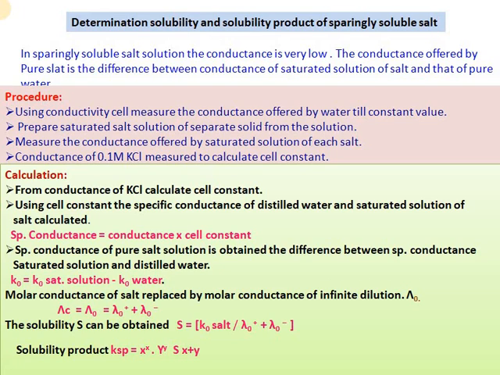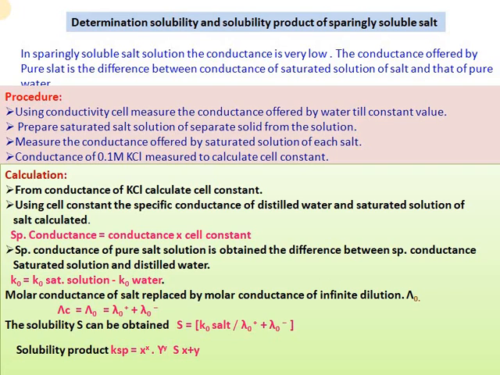Second, prepare the saturated salt solution, separating the solid from the solution, and measure the conductance of that salt solution. Next, measure the conductance offered by the saturated solution of each salt. And next, we measure the conductance of 0.1 molar KCl solution using the conductivity cell to calculate the cell constant.